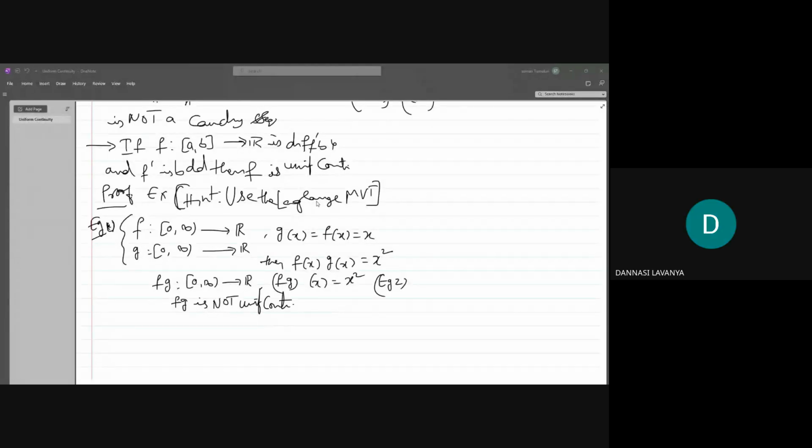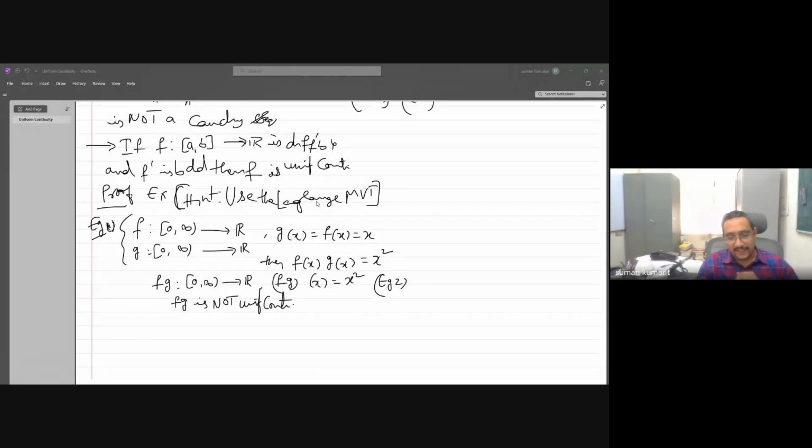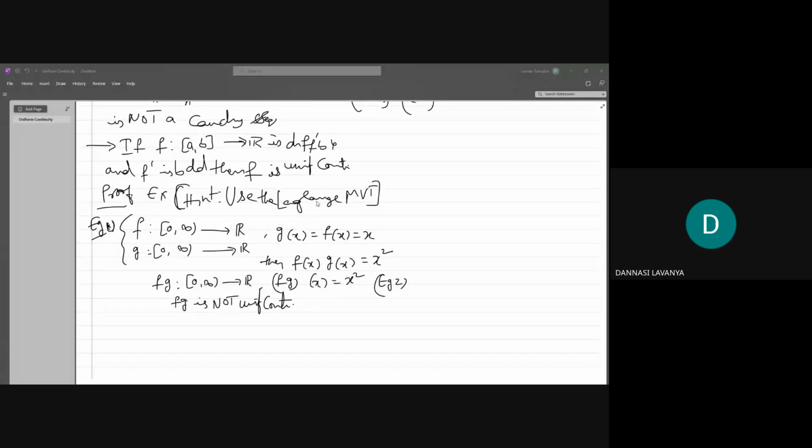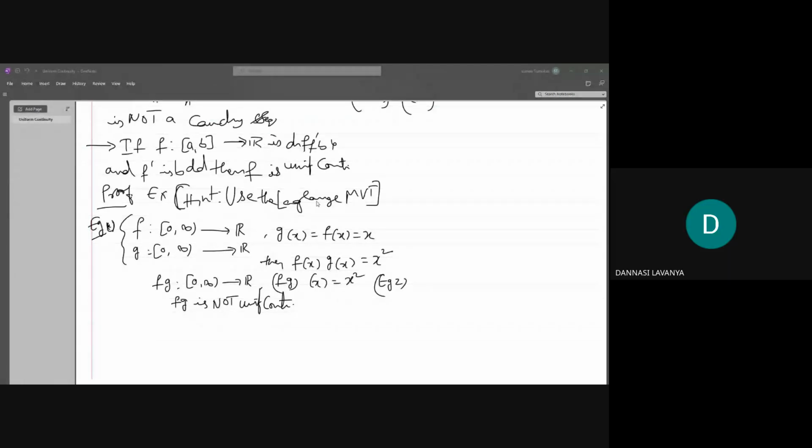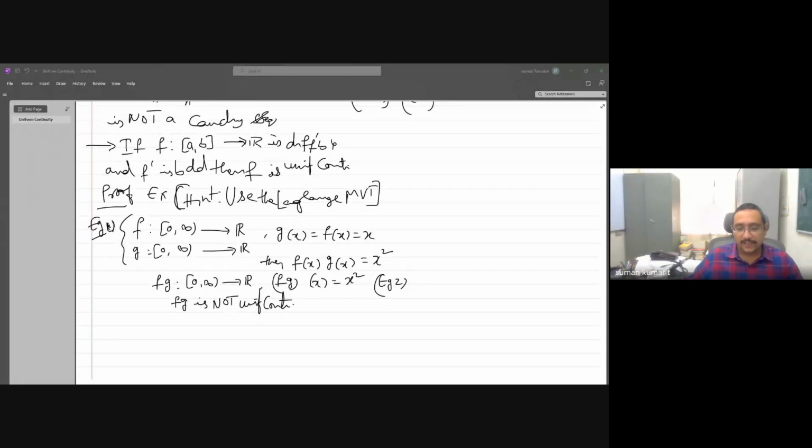Good morning, sir. Show that every uniformly continuous function on a bounded set is also uniformly bounded. Can you explain? No, I did not understand. What is the question? Sir, show that every uniformly continuous function on a bounded set is also uniformly bounded. You mean bounded, not uniformly bounded. Every uniformly continuous function is bounded.